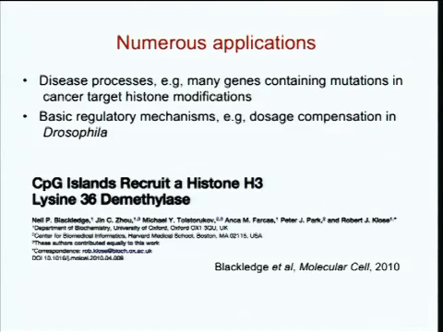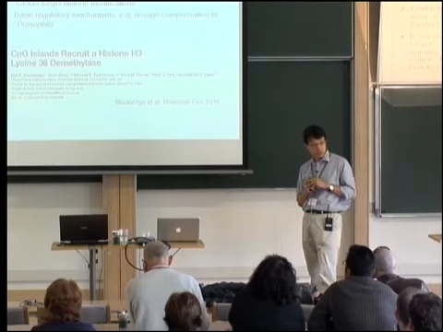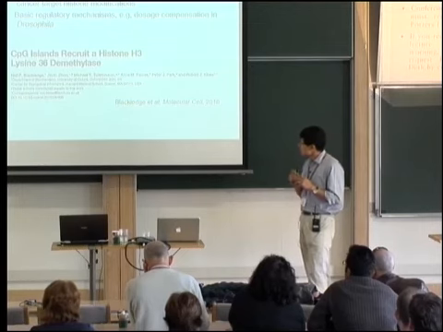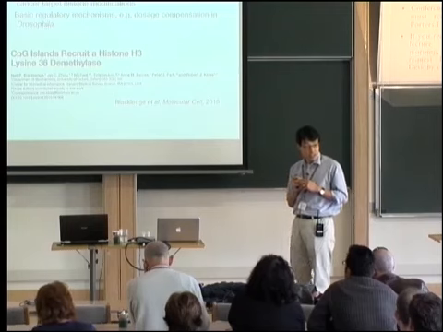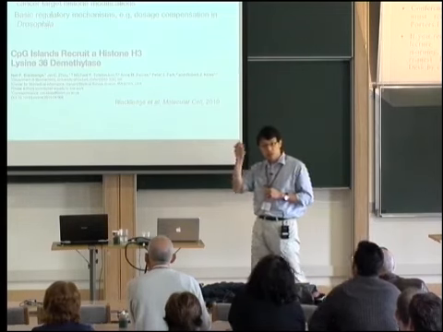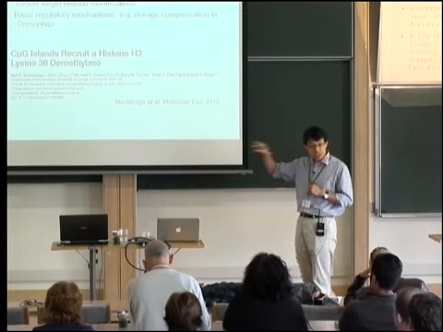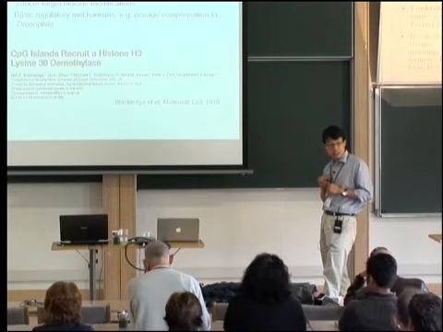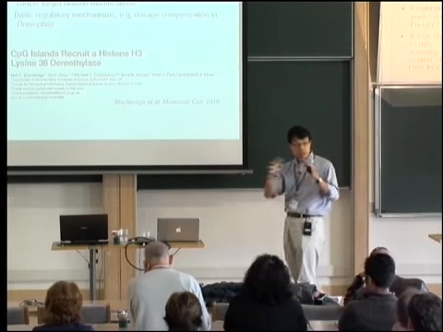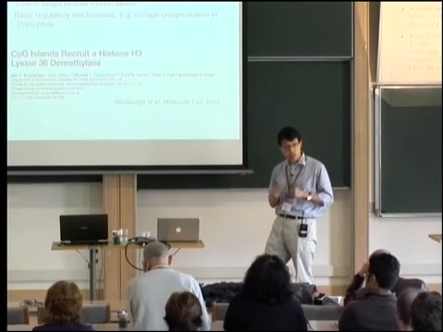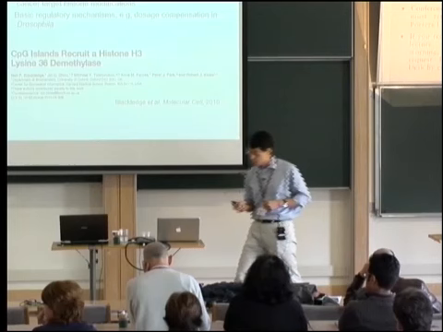So what we show in that paper is that CpG islands, and surprisingly little is known about what CpG islands do, actually recruit a protein called KDM2. Okay. That's really a histone demethylase. So they bind in vivo to unmethylated CpG islands and then get rid of these methylation marks. And we think that that actually marks some regulatory regions in the genome, and that this is one of the functions, I think, of CpG islands.